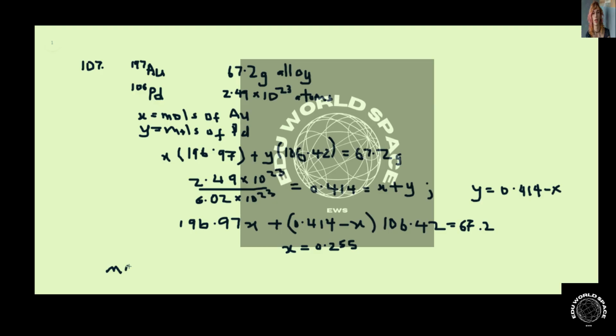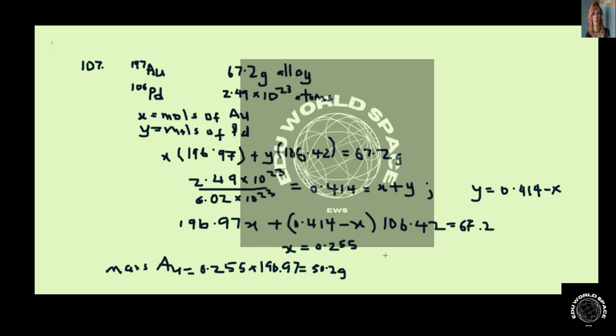So the mass of gold is going to be the moles times the molar mass, which is the moles which we just calculated, 0.255, times the molar mass, 196.97, and this gives approximately 50.2 grams.